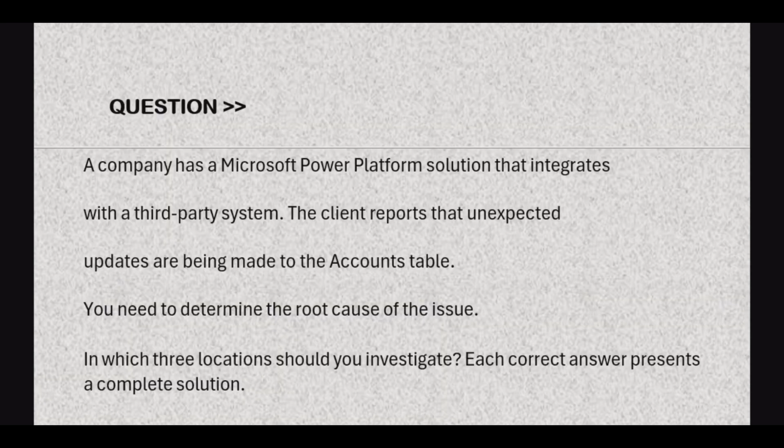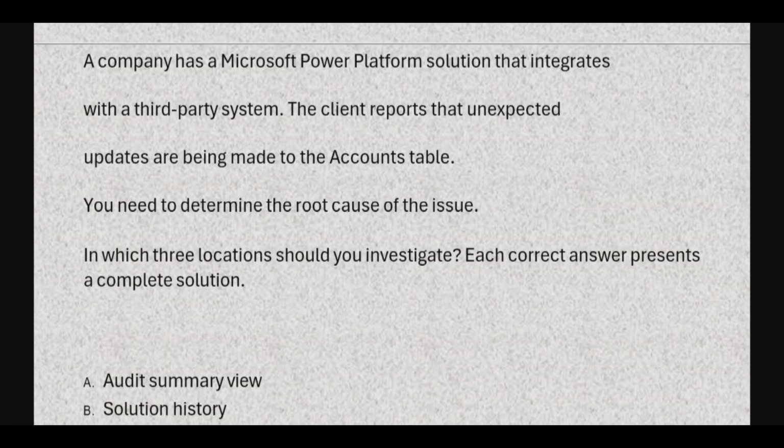Our next question is, a company has a Microsoft Power Platform solution that integrates with a third-party system. The client reports that unexpected updates are being made to the accounts table. You need to determine the root cause of the issue. In which three locations should you investigate? Each correct answer presents a complete solution.